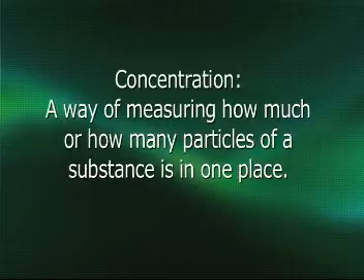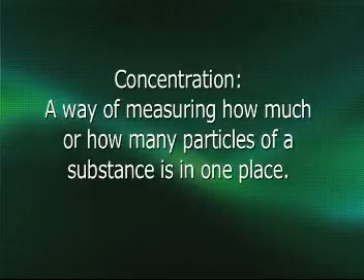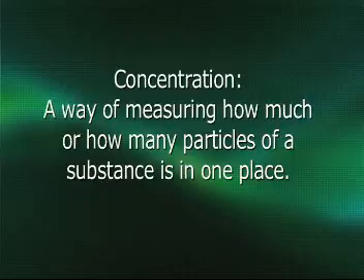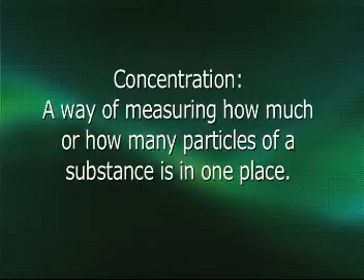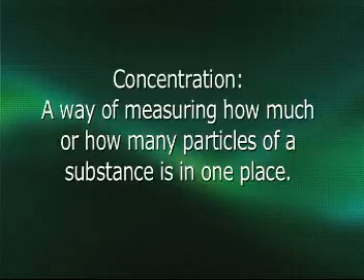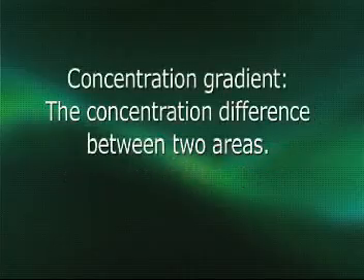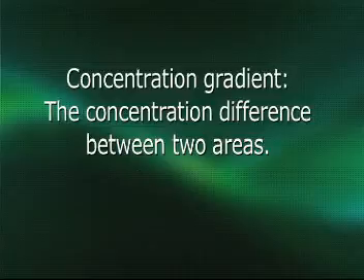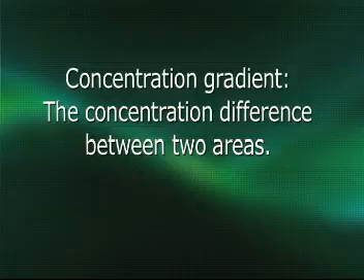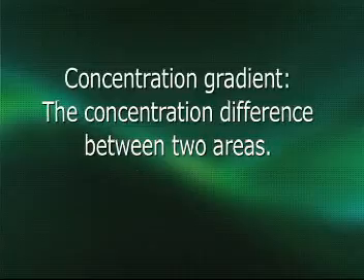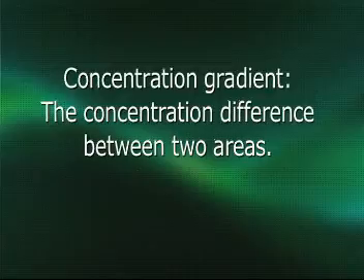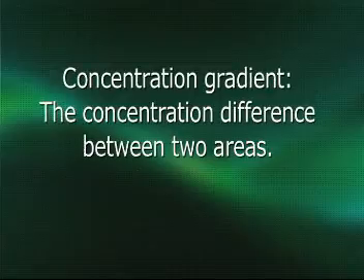Concentration is defined as a way of measuring how much or how many particles of a substance is in one place. Concentration gradient is defined as the difference in concentration of particles between two areas. Were you able to correctly define all the terms?